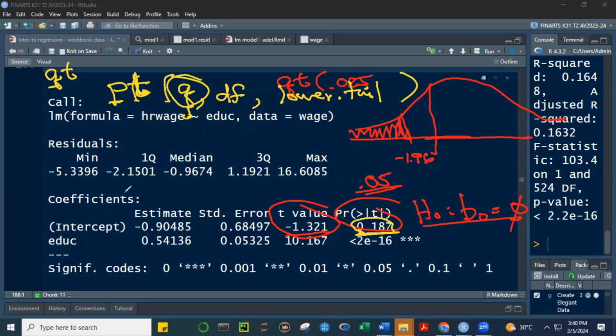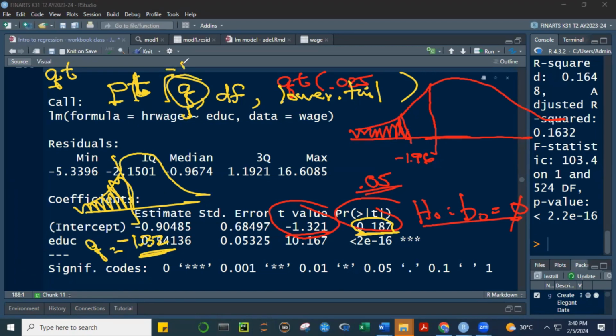Parang ganito yung class, no? This is our T stat, T distribution. This is negative 1.32. We would like to know the probability, this one. So this is our Q, class, this one. Yung negative 1.32 na to.